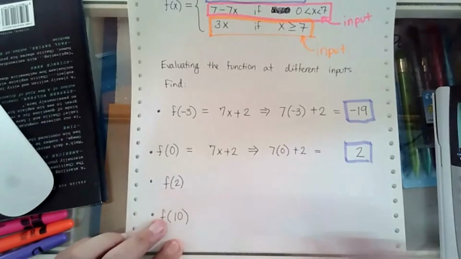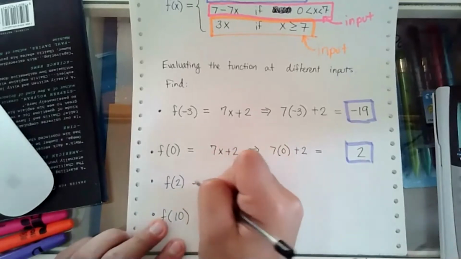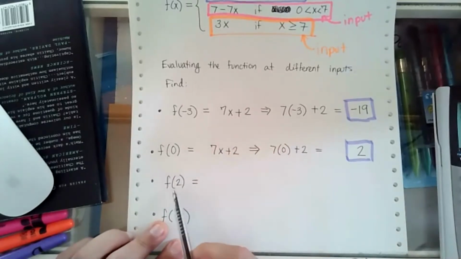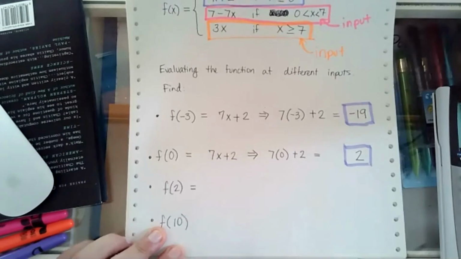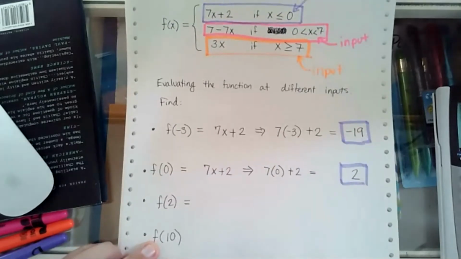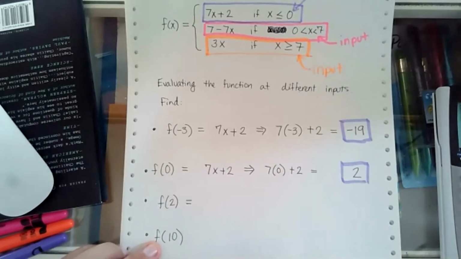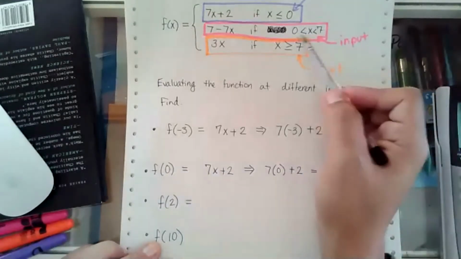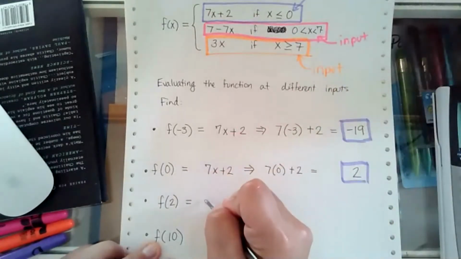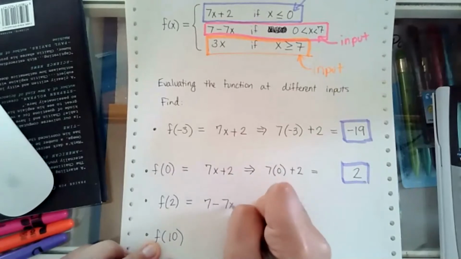Okay. What about this third one, f of 2? So what song am I going to be able to play here? Song number 2, right? Because 2 is between 0 and 7. So I'm just going to write as a guide 7 minus 7x.